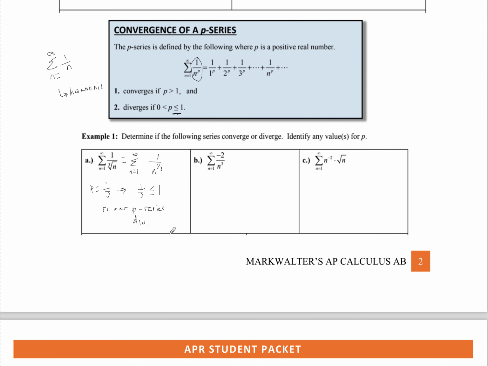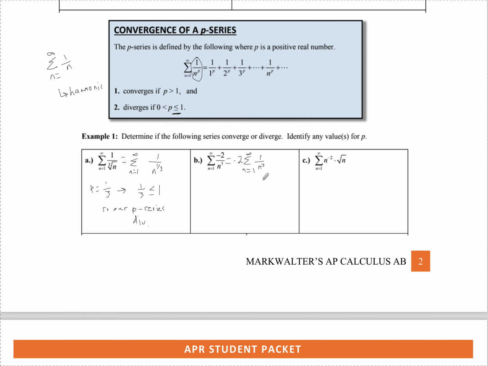Okay. What do we got with this guy? This one's interesting. We have a -2 in front. This is just some common factor. It's going to be present in every single term. So in series, it is kosher to just factor that out of the series, because it's in every term. So we just multiply the whole series by it, just like we can do with derivatives and integrals. And that will leave us with 1 over n cubed.